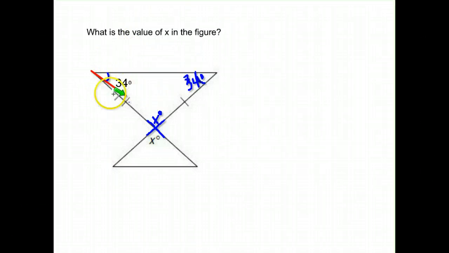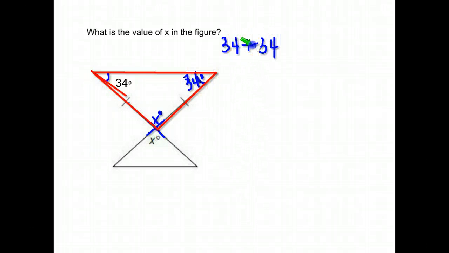Now we are just dealing with a single triangle, which makes our life a whole lot easier. Okay, we can just deal with this triangle here. In that triangle, we know all three angles, and we also know the property that in a triangle, the angles should add to be 180. So we have a 34-degree angle here, plus our second 34-degree angle, plus whatever our x is.